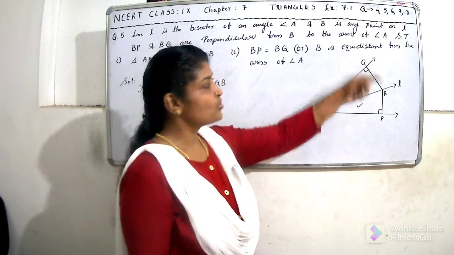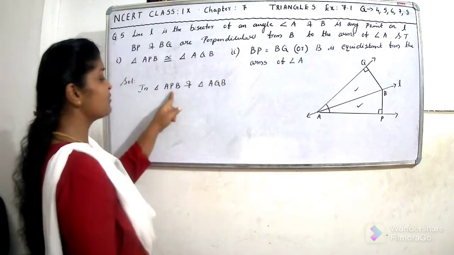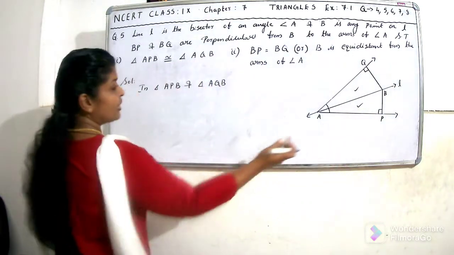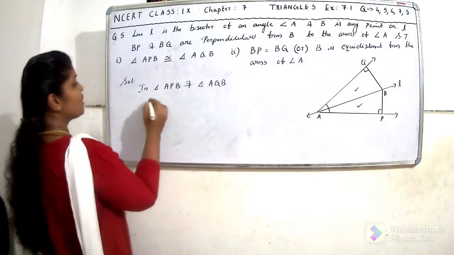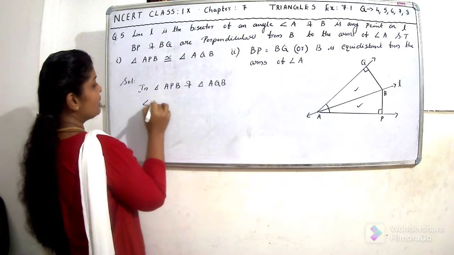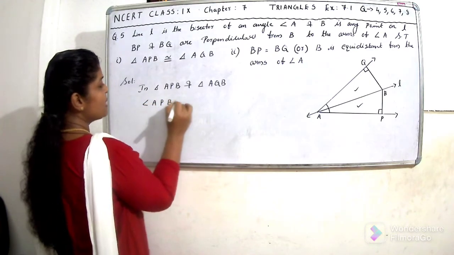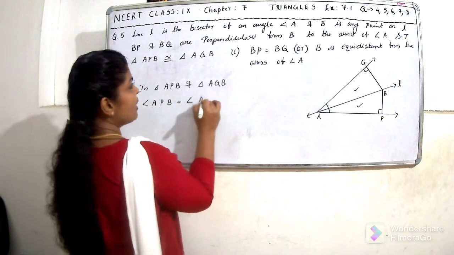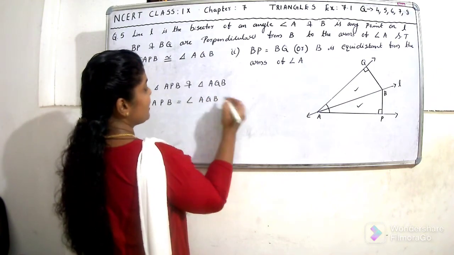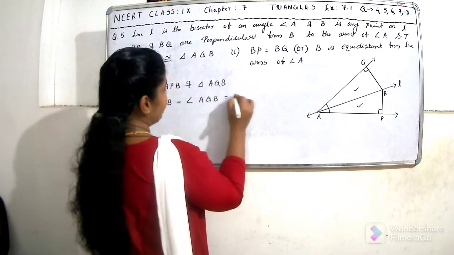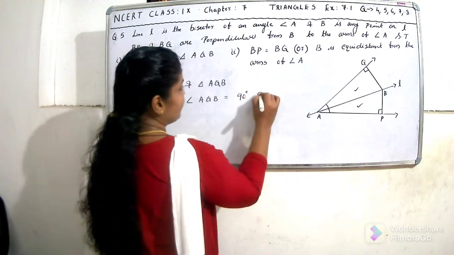They given, no? So which angle are we considering as the first one? This one. So here we can take this is 90 degree. Okay, so angle APB is equal to angle AQB equal to 90 degree. Given.